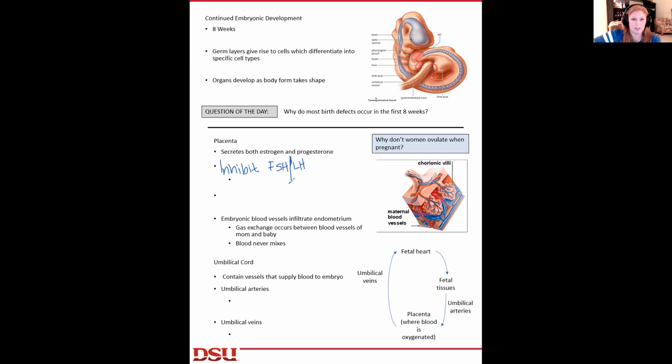So that's going to inhibit the cycle from continuing so that pregnancy can be supported. And it does this by preventing the development of another egg. It keeps another follicle from maturing or developing.